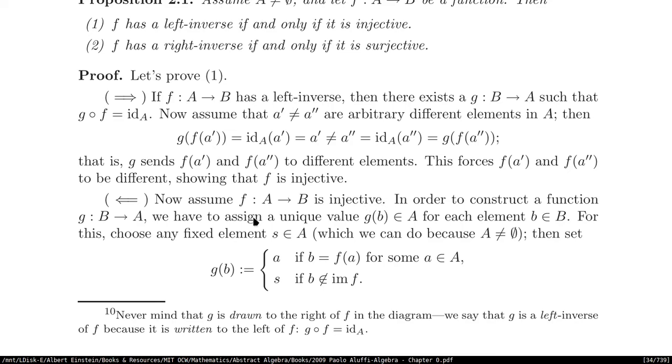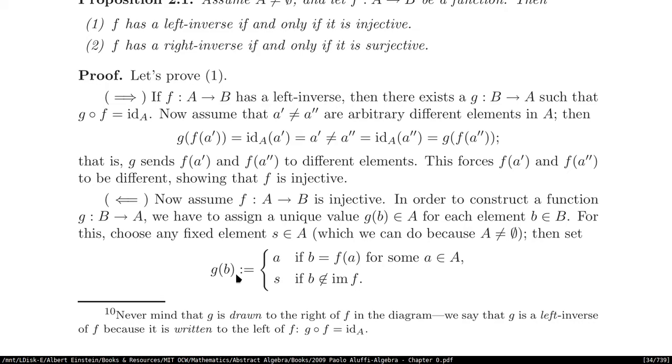By definition, a function must have a unique g of b, the image, for each element in B. For this, choose any fixed element s. Then set g of b to be a if b is equal to f of a.